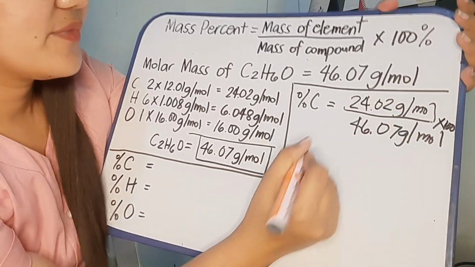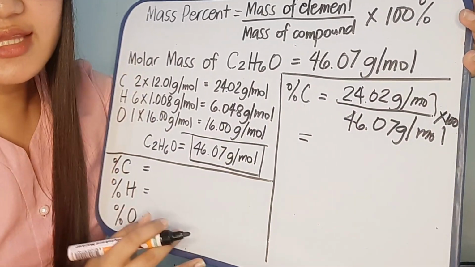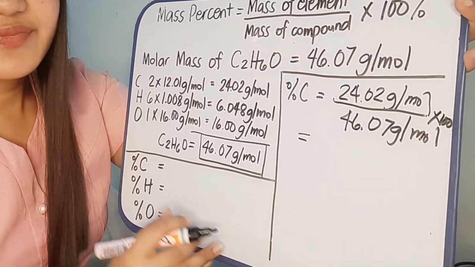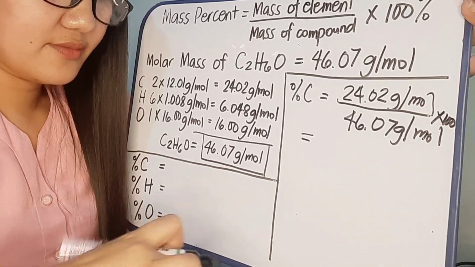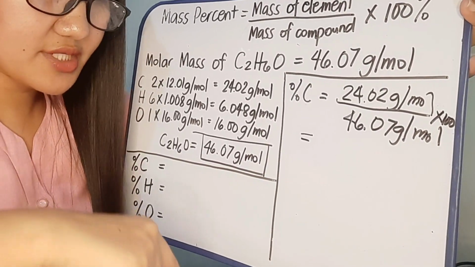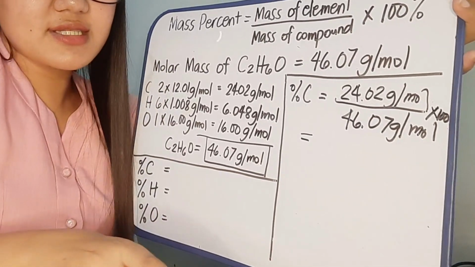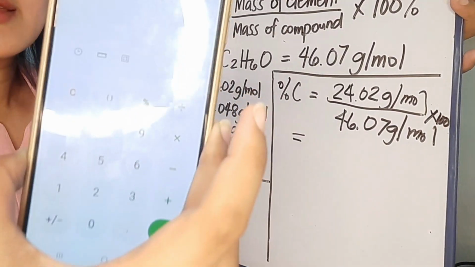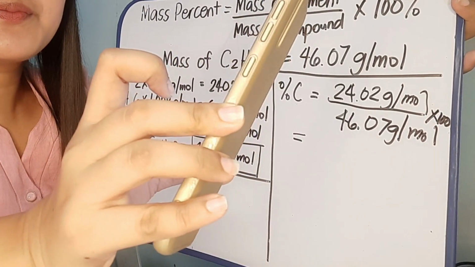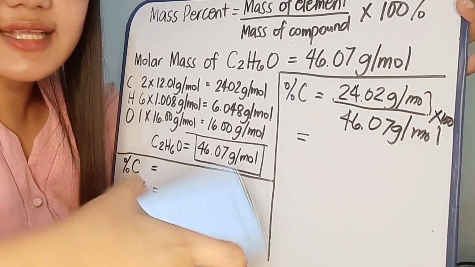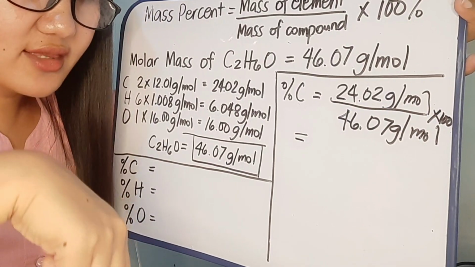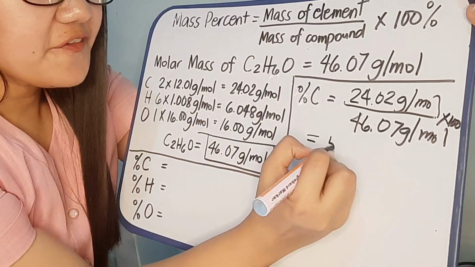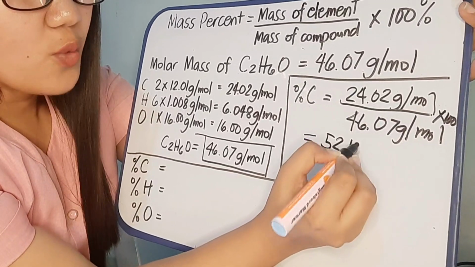Pag kinompute natin yan, kuha na tayo ng calculator. Ang lumabas dito ay 0.521, idediretso na yun kahit gaano pa siya kahaba. Idediretso na natin siya sa times 100, is equal to 52.138.